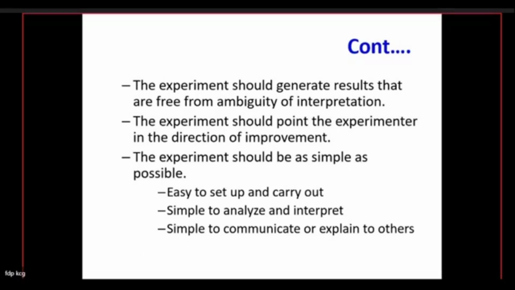Even if you are dealing with complex data, with multiple factors at multiple levels, you have to choose an experiment as simple as possible, but you are not compromising with the accuracy, not compromising with the precision, not compromising with your hypothesis. But the experiment should be simple in terms of being easy to set up and carry out.